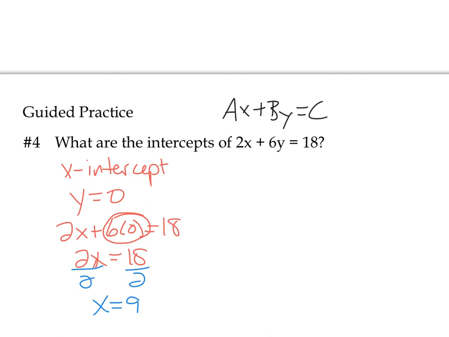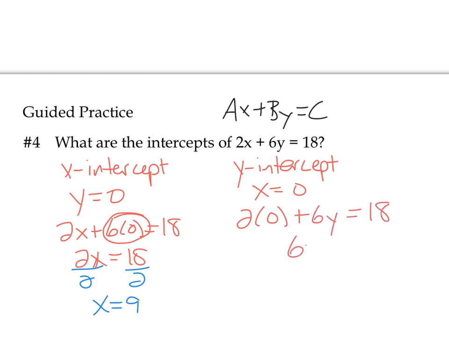The y-intercept is going to have an x value of 0. So 2 times 0 plus 6y equals 18, which is just 6y equals 18. If I divide both sides by 6, I'll get y equals 3. So if we wanted to write coordinates for that, it would be 9, 0.